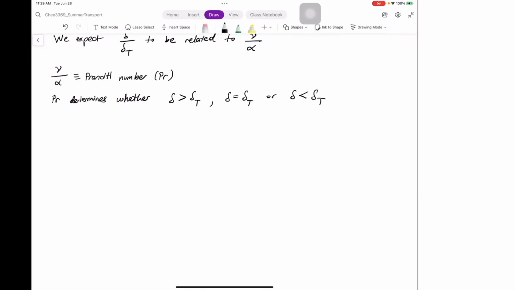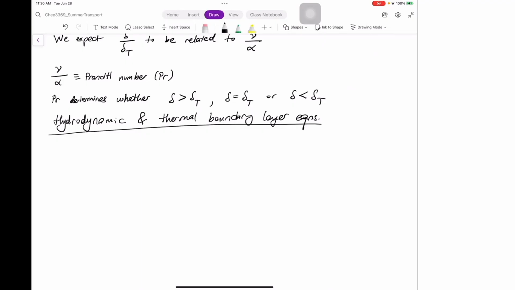Now, let's write down all the equations then, right? Hydrodynamic and thermal boundary layer equations. First of all, the continuity equation: del Vx over del x plus del Vy over del y is equal to 0.